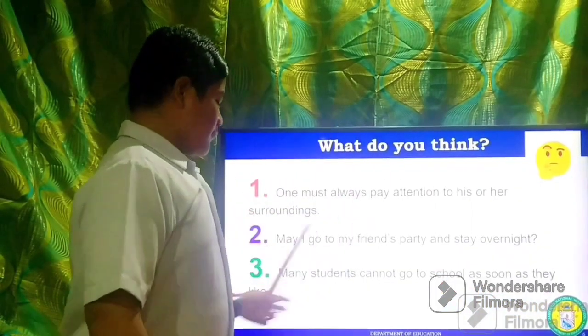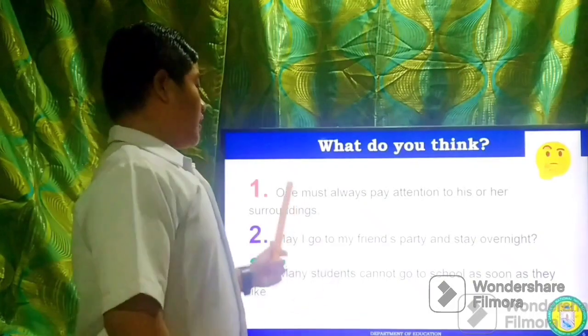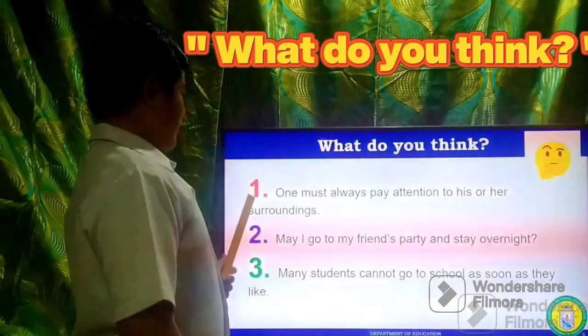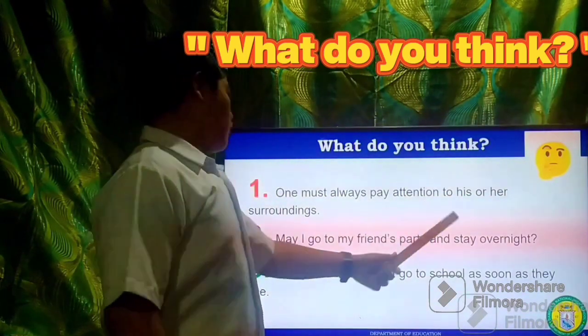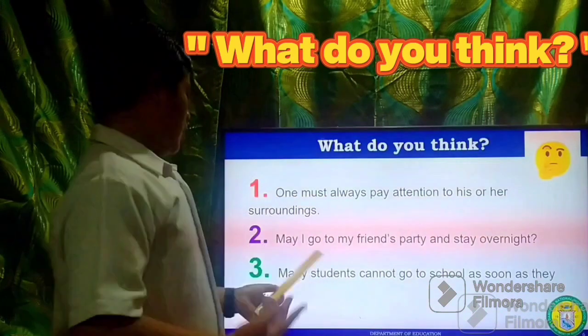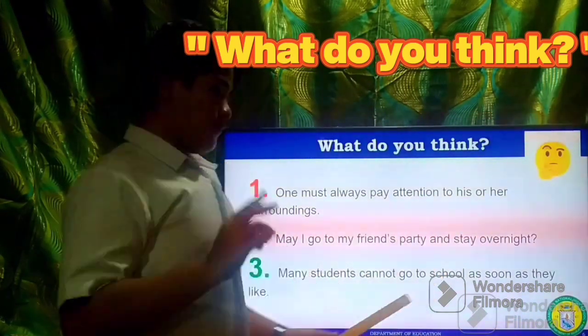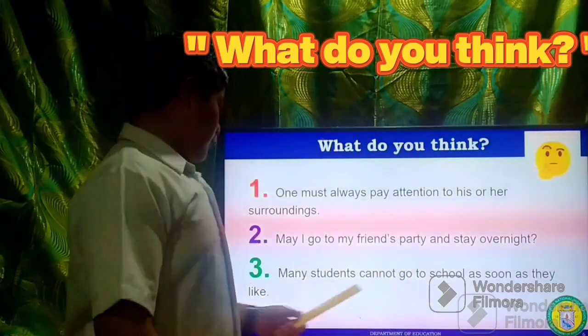Let us know the types of modals by doing this activity entitled, What do you think? So let me read to you these three sentences. Number 1. One must always pay attention to his or her surroundings. Number 2. May I go to my friend's party and stay overnight? Number 3. Many students cannot go to school as soon as they like.